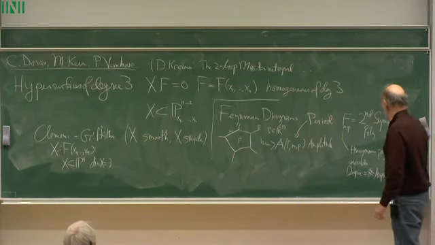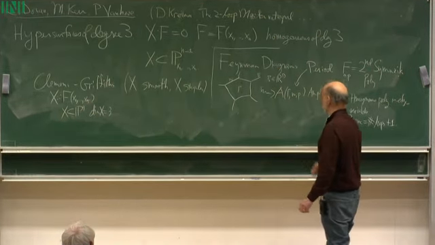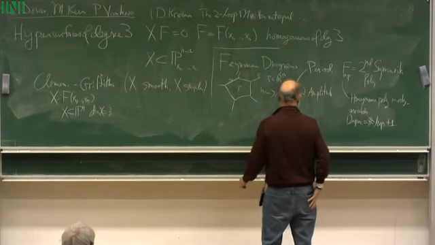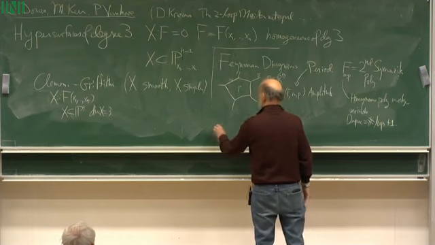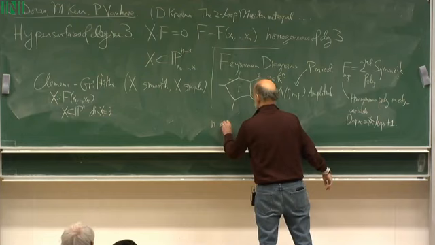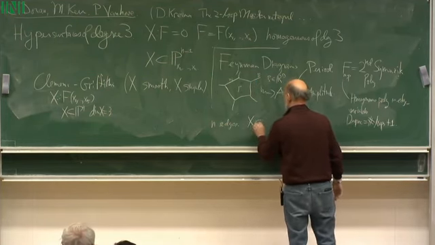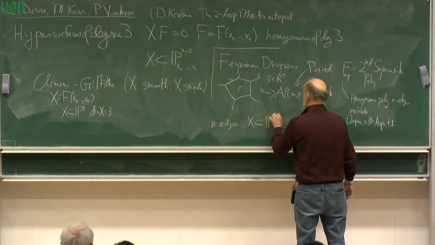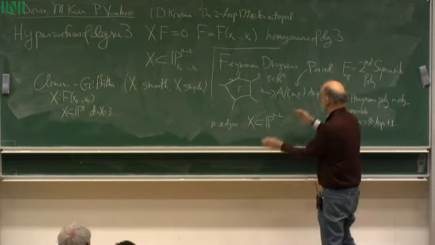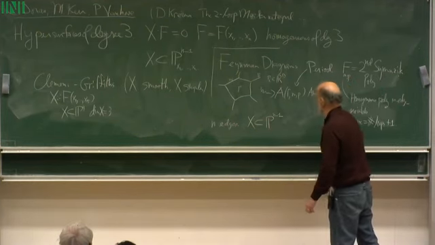Okay? And so now let me say something that maybe is slightly technical, but I can't think of a better way of saying it, so I'll just mention it. If we have, let's say, suppose we have n edges, then this x sits inside projective n minus 1 space. The projective index is one less because you have the homogeneity, which drops. So n variables cut out a space of dimension n minus 1.